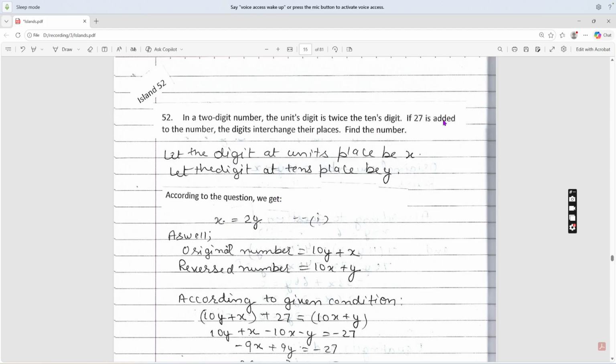As well as, if 27 is added to the number, the digits interchange their places. Now see, the original number is 10y plus x. The reverse number will be 10x plus y, which I explained earlier also.